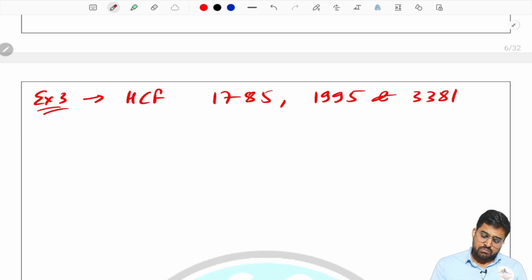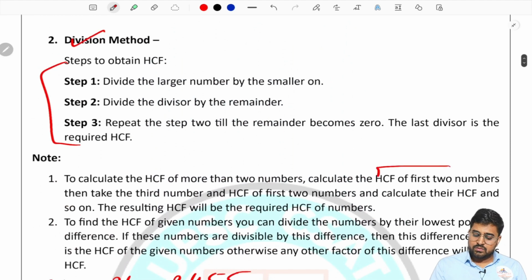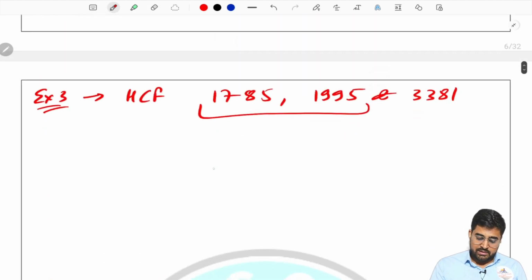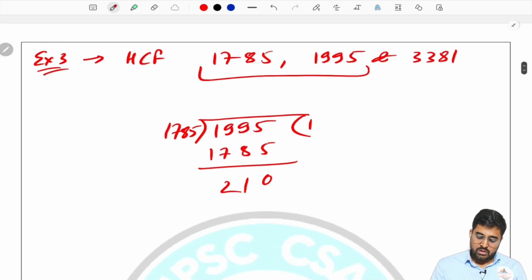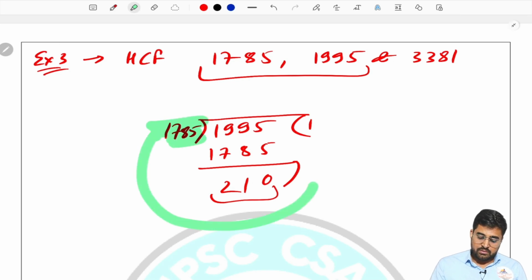Now, according to this, we have to take two numbers. Okay, we will do that. We will take the two numbers. Now, we have 210. Put the value here.